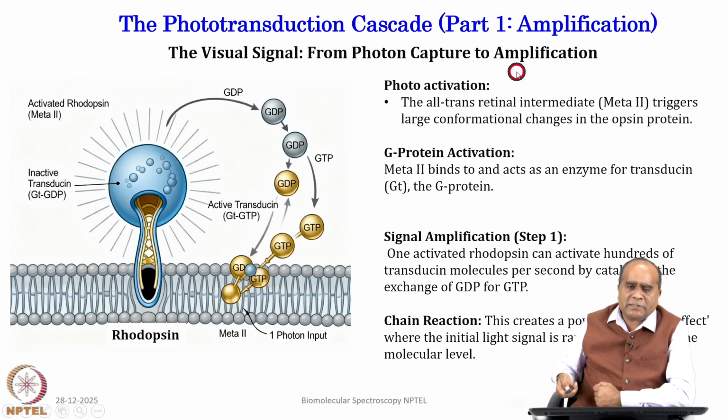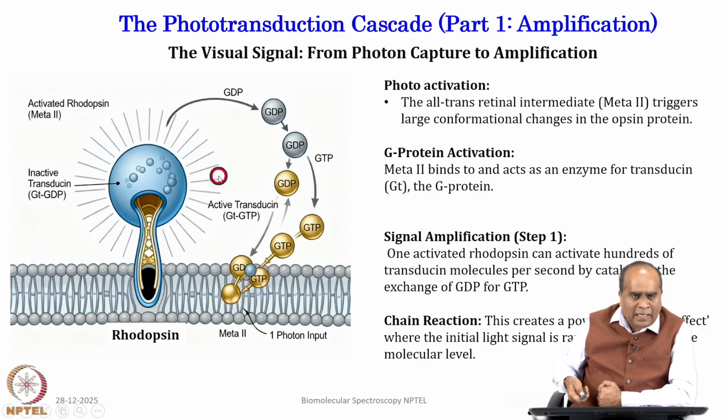So, photoactivation produces the all-trans retinal intermediate, which we can call meta 2, and it triggers a large conformational change. Light acts as a signal here on the opsin, rhodopsin, and then it has to get amplified. As I said, it is a GPCR, a G protein coupled receptor.